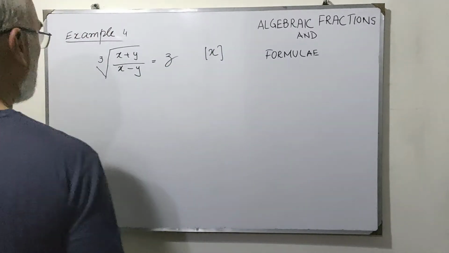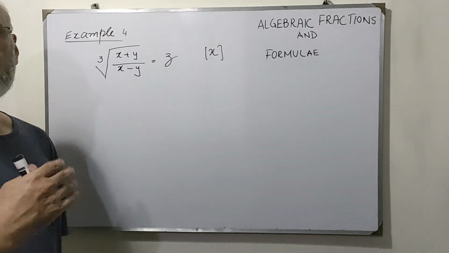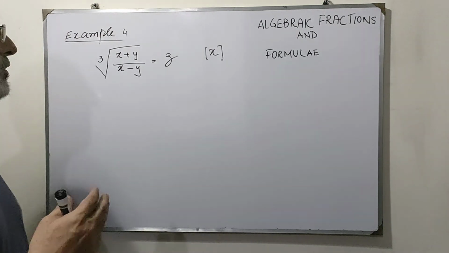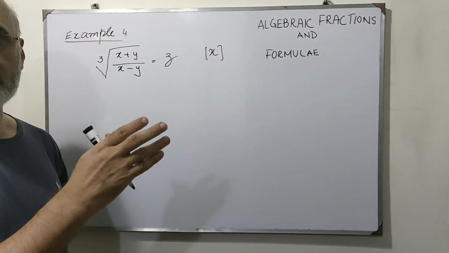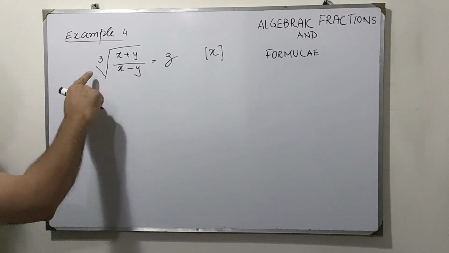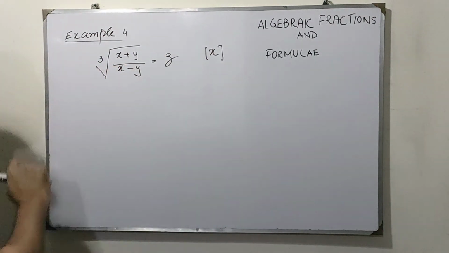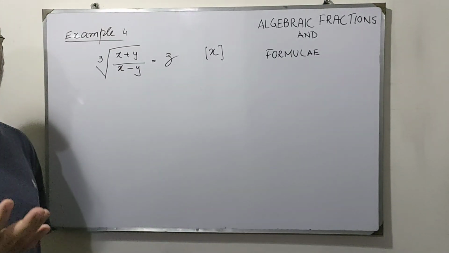Okay, we have a formula over here, x plus y divided by x minus y, and it's a whole cube root is equal to z, and we have to change the subject of this formula to x first. And once we have done that, then we'll find the values. Okay, so for making x the subject of this formula, what we have to do? So since it's a cube root, first we have to eliminate this cube root.